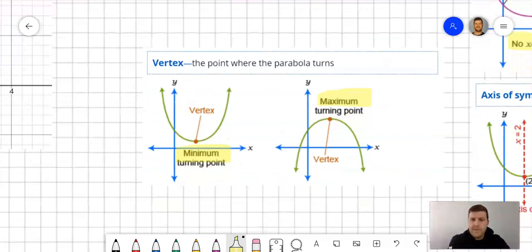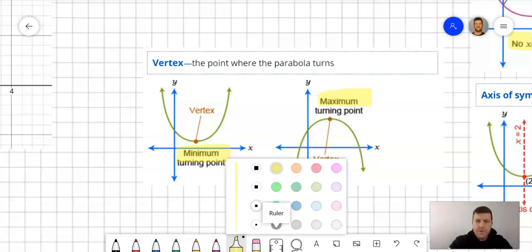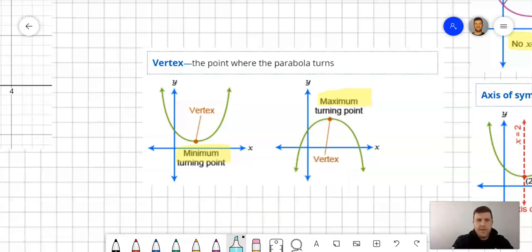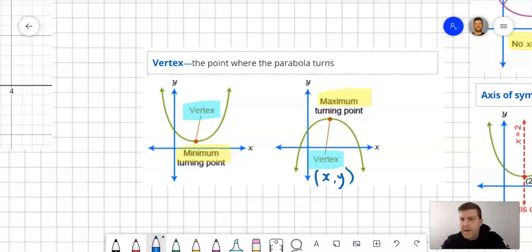Okay. The other thing that you'll be asked to identify is the actual coordinates of that vertex. So if you're asked to determine what the vertex of a parabola is, again, give it as a set of coordinates with the x and y value. Okay, so that was the fourth and fifth thing.